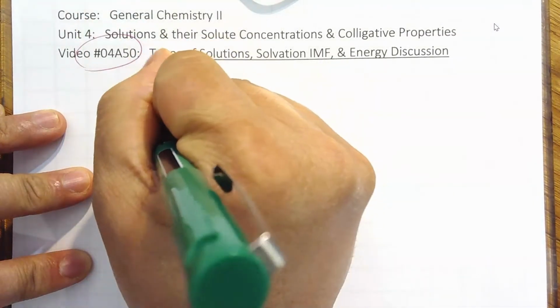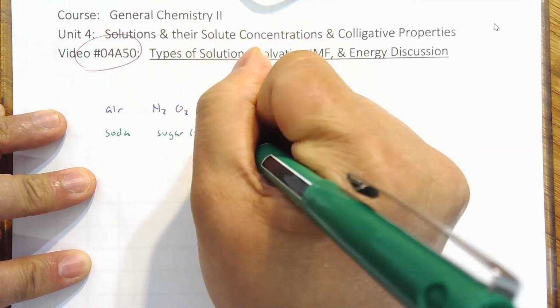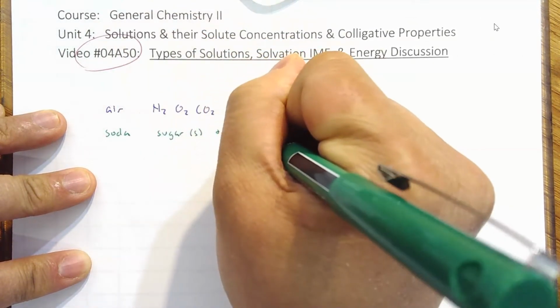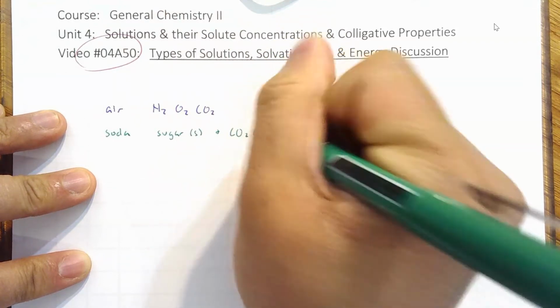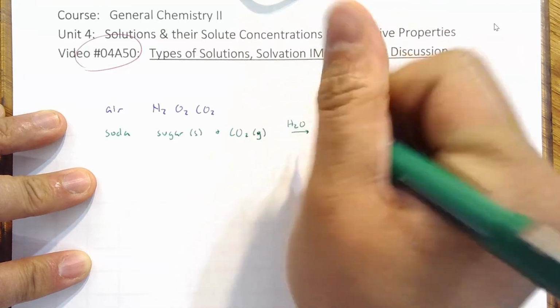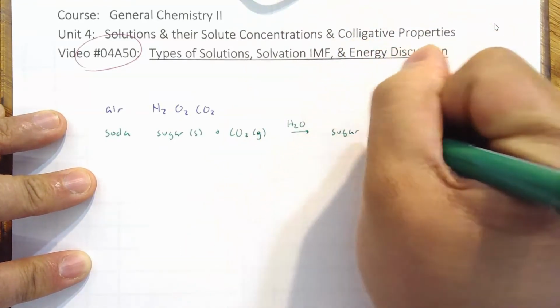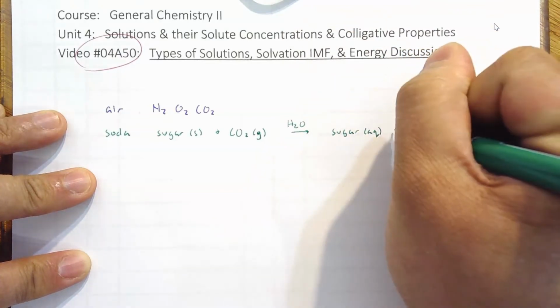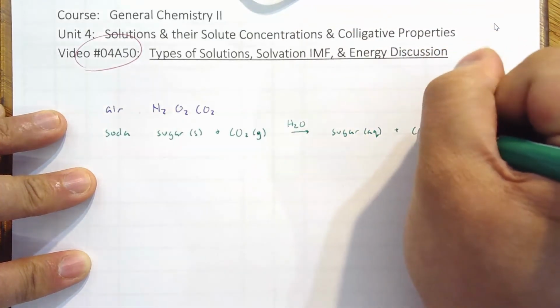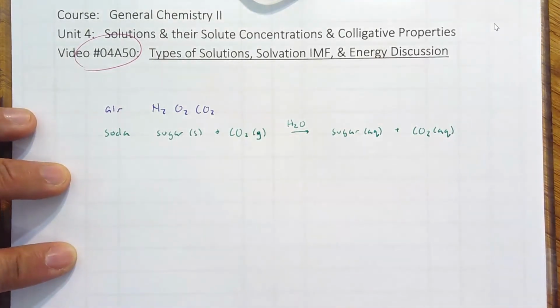Soda actually has sugar, which starts out as solid, and carbon dioxide, which starts out as gas. But when you dissolve it in water, we'll denote that over the arrow, you get both of them as aqueous. Sugar aqueous plus carbon dioxide aqueous, meaning that it's dissolved in water.